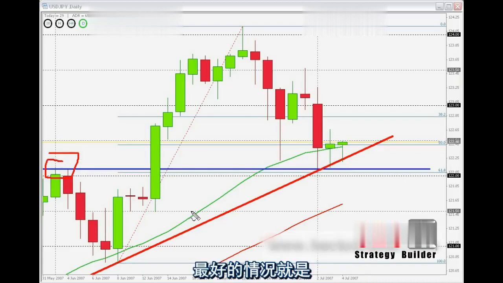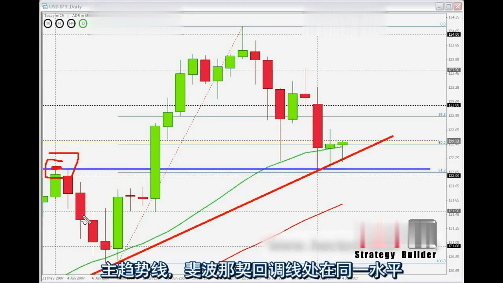Okay, it's usually a good idea if a previous swing top, a trend line and a Fibonacci level are lining up at that level.